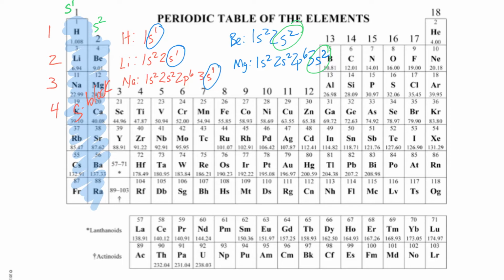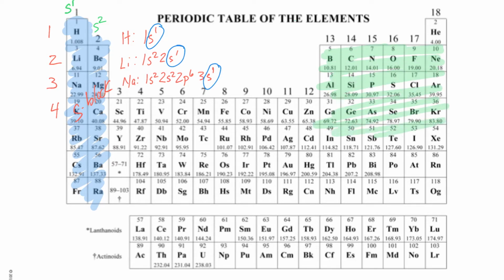Well, let's keep going. Let me erase some of this stuff, and we'll look at some of the elements over on the other side of the periodic table. Let me see, let me highlight this. All of this stuff here in green represents the p block.